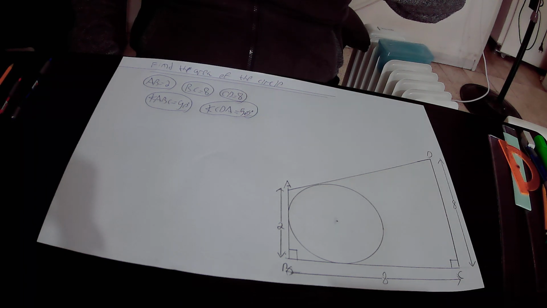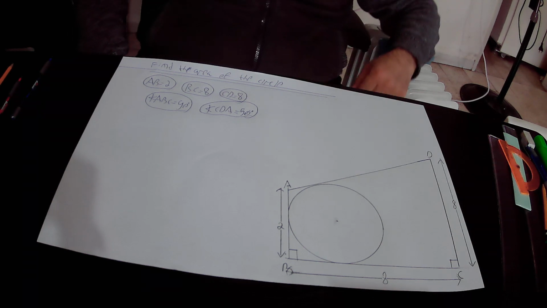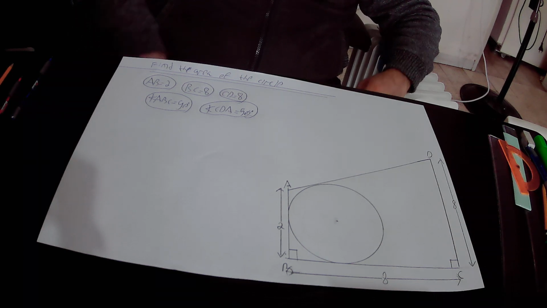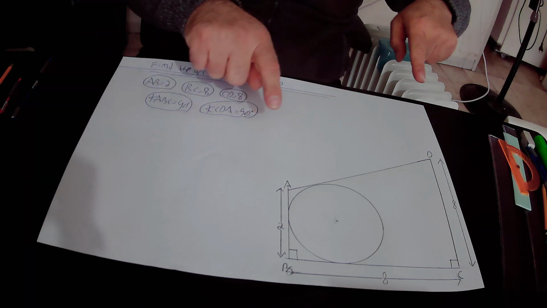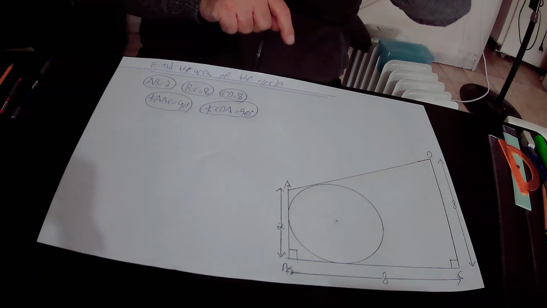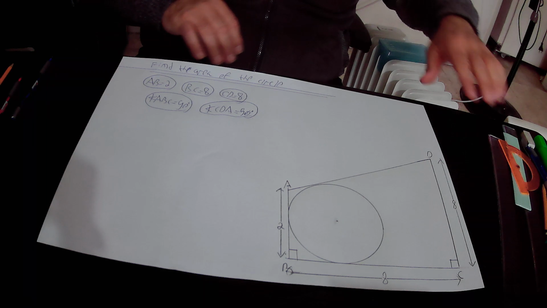So first of all, we will do a construction. That is to say, we will extend side DA and side CB of this quadrilateral until they touch each other.